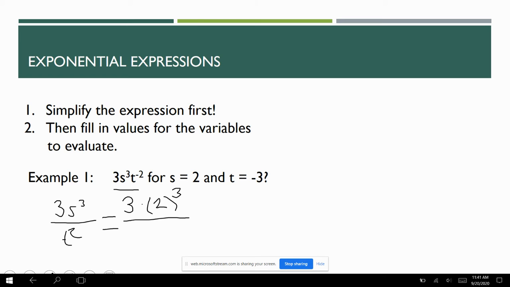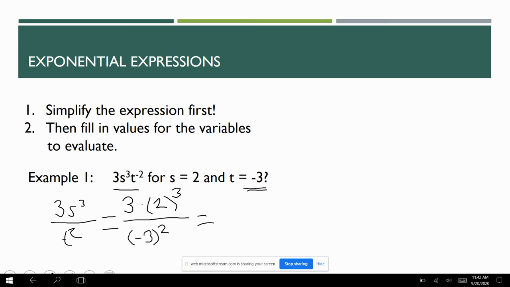Now, as we said in the last video, it's very important here: notice that t is raised to the second power, and it is negative 3. So when we substitute it in, this negative 3 has to go in parentheses and be raised to the second power. Because if we put that negative 3 in parentheses versus if we don't, it's going to give us a different numerical value. So we need to make sure it is in parentheses because we are squaring that negative 3.